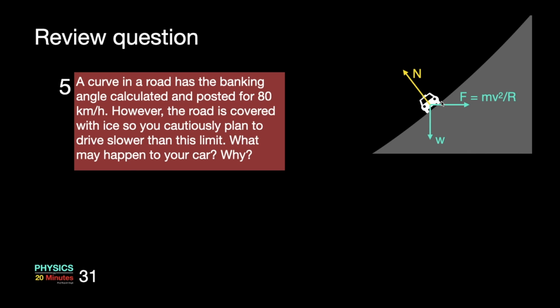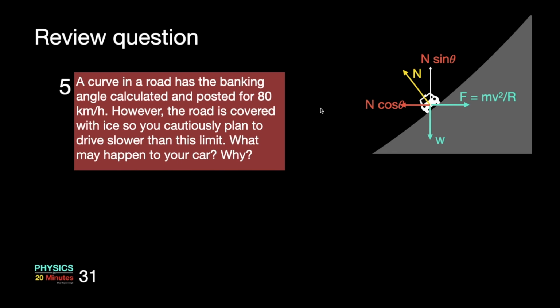Now there is no friction between tire and road. So let's look at the balancing of force. N can be resolved. The vertical component, N sine theta, will balance the weight, and the horizontal component, N cos theta, works towards the center of the curve of the road.